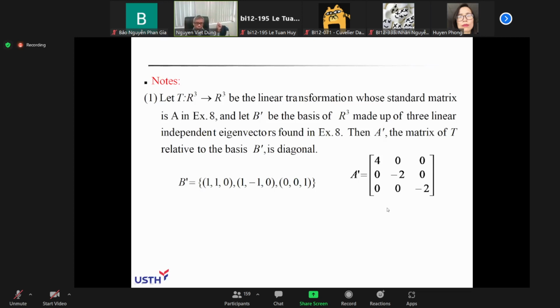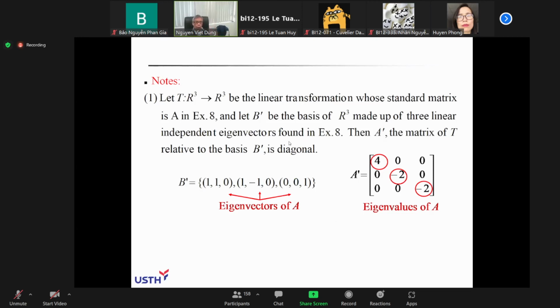And there is one more thing you should pay attention to. Here are already the eigenvectors of A, but here on the right-hand side, the entries lying on the main diagonal are the eigenvalues of A. We are going to study that by the end of today, but for now you just need to pay attention to this.